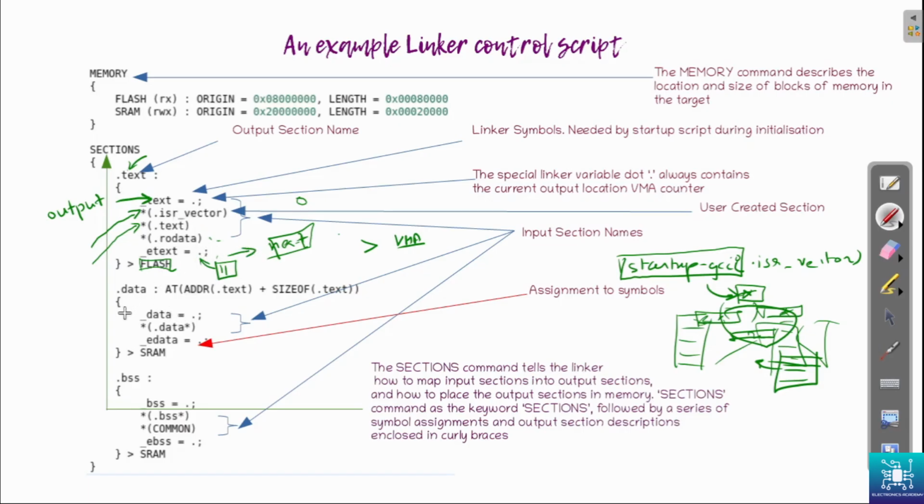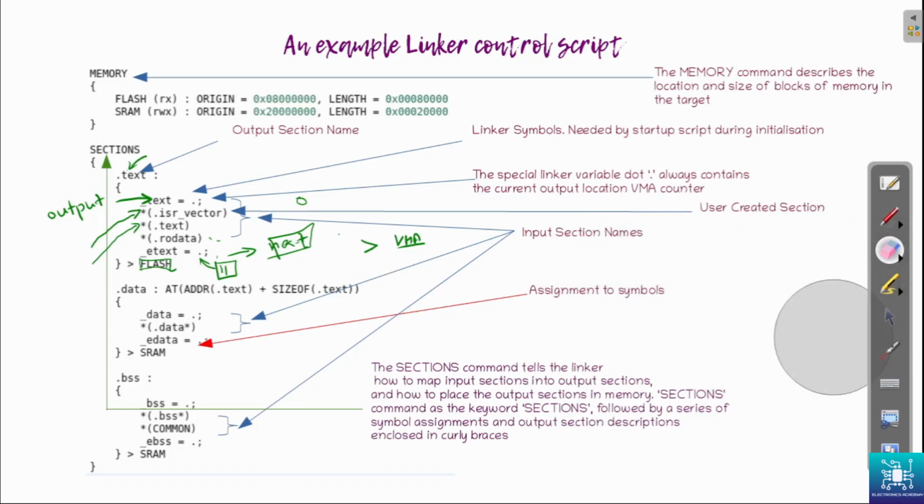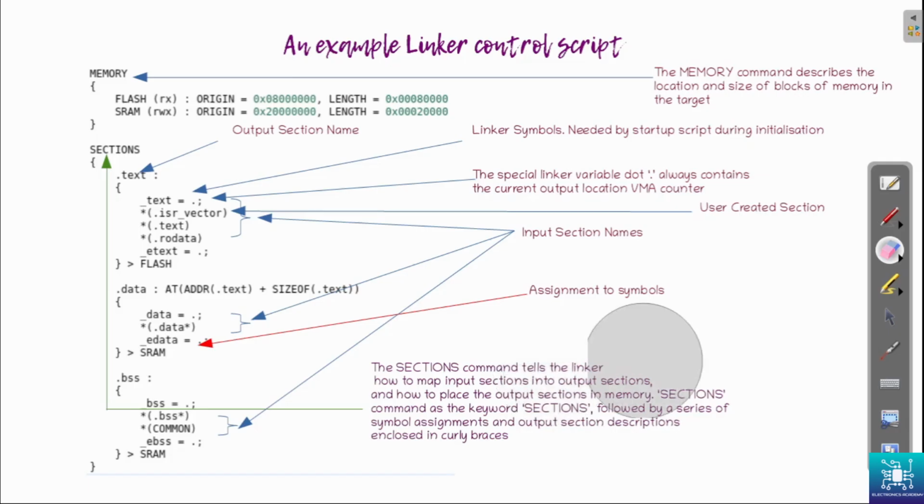Then comes the data section. Now this data section is for initialized data. Here is something that is common sense, but it is actually missed by almost all of us. Say you are declaring a variable outside main, say int a equal to 30.